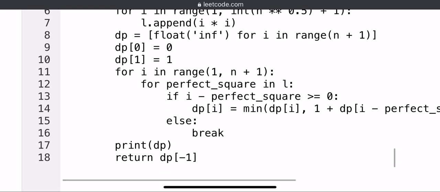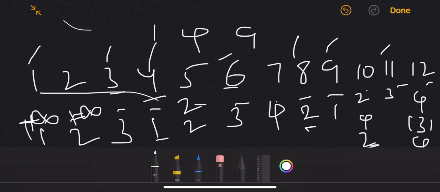So we start from 1, we can start from 2 as well. We start from 1 and we go until n, and at every i we see that number, and see what are the possible nodes that lead to that number, and we can take the minimum one.